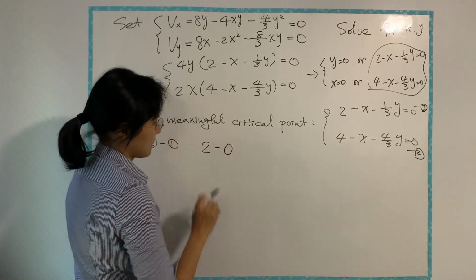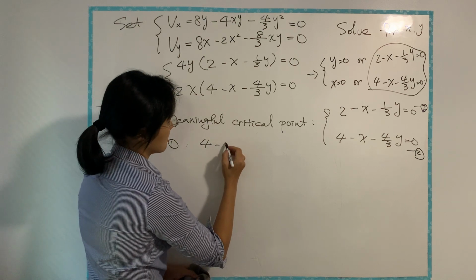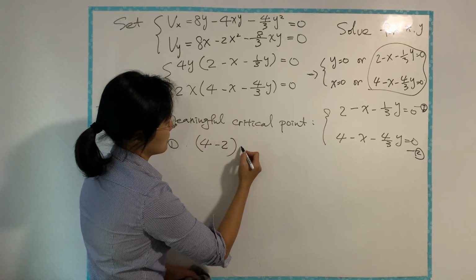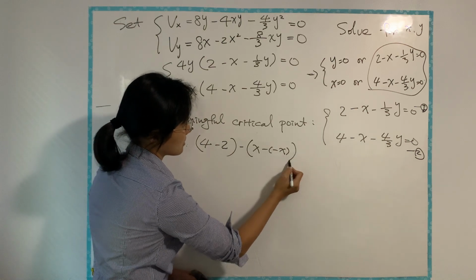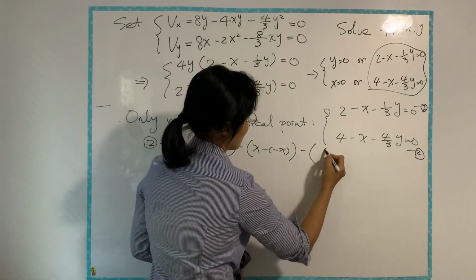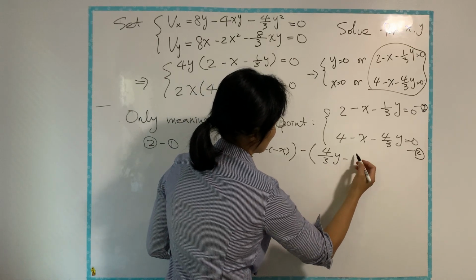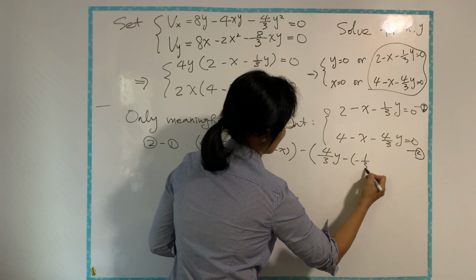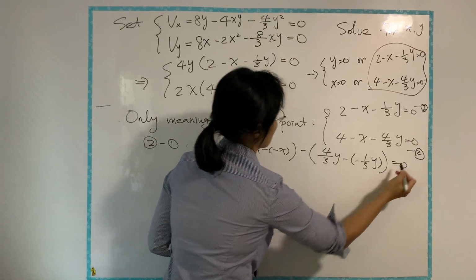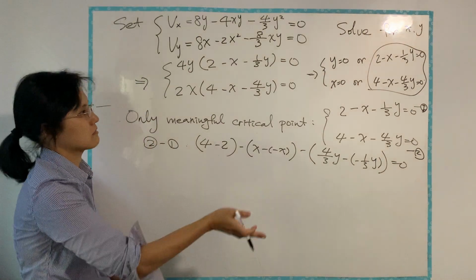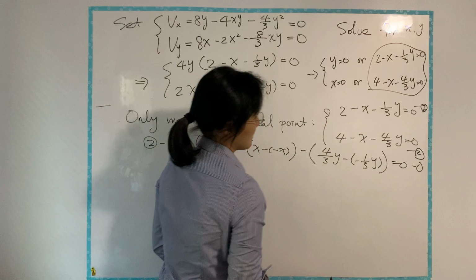Okay? Let me write down for you. So 4 minus 2, minus x minus negative x, minus 1/3 y minus 1/3 y equal to 0. Okay? So I do equation 2 minus equation 1.